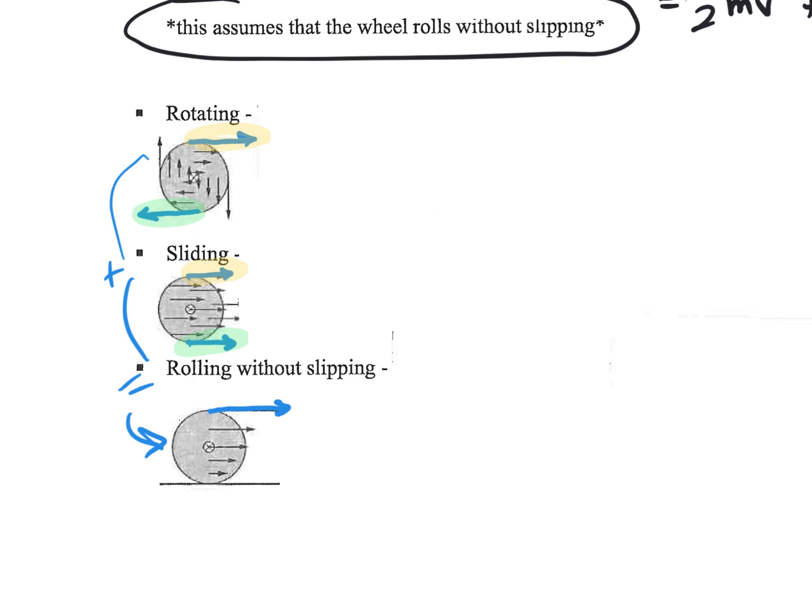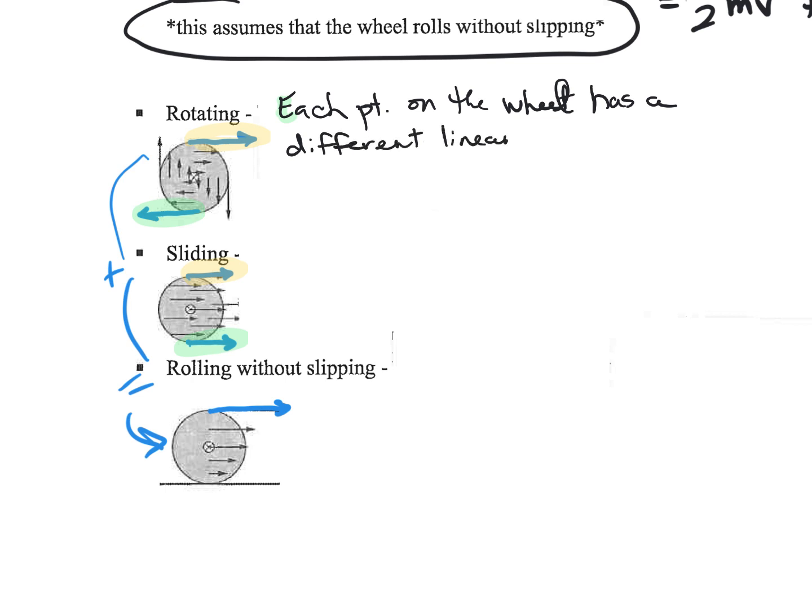Okay. So when it's rotating, each point on the wheel has a different linear velocity. Okay? When it's sliding, each point has what?